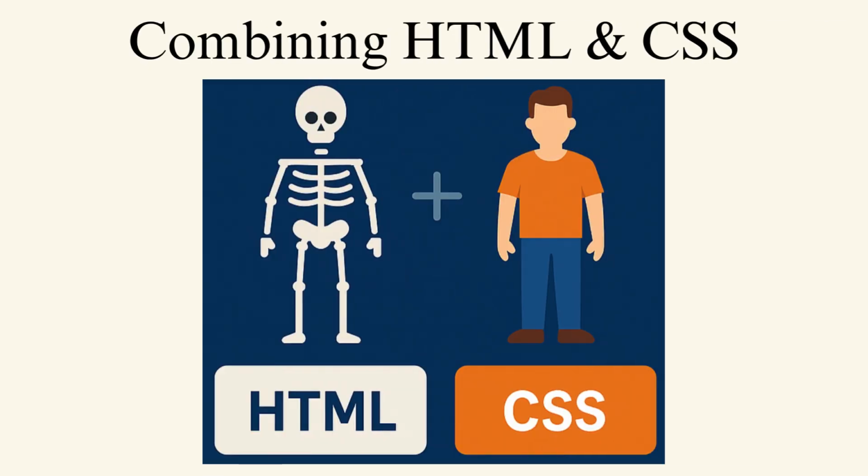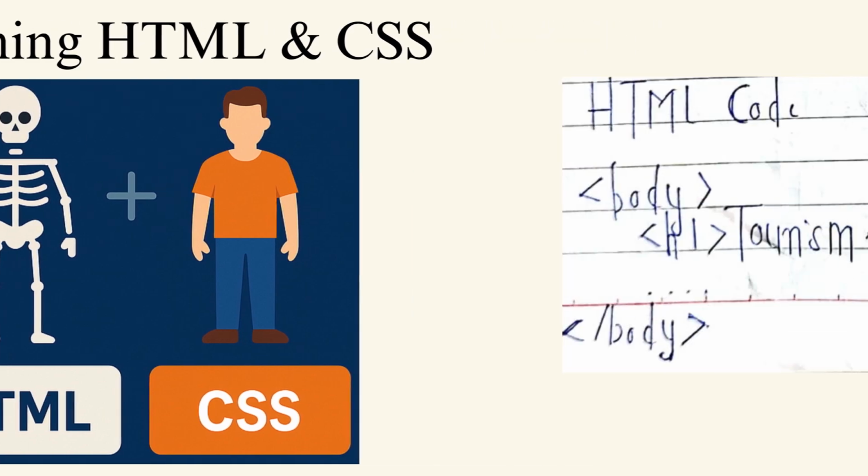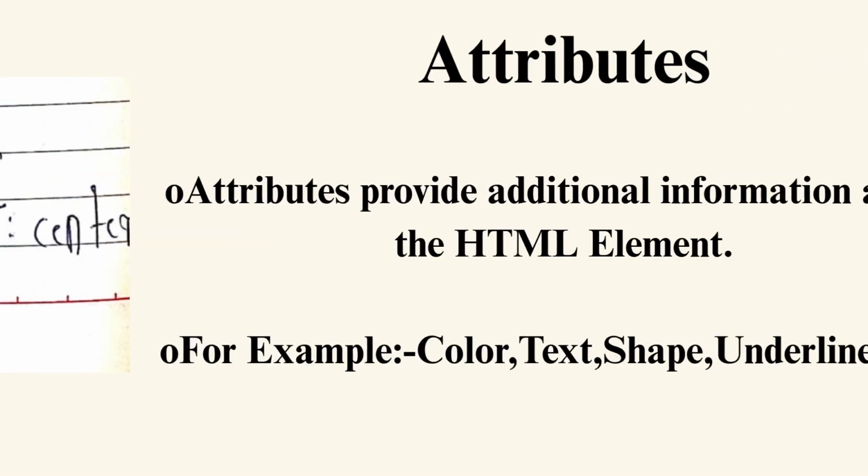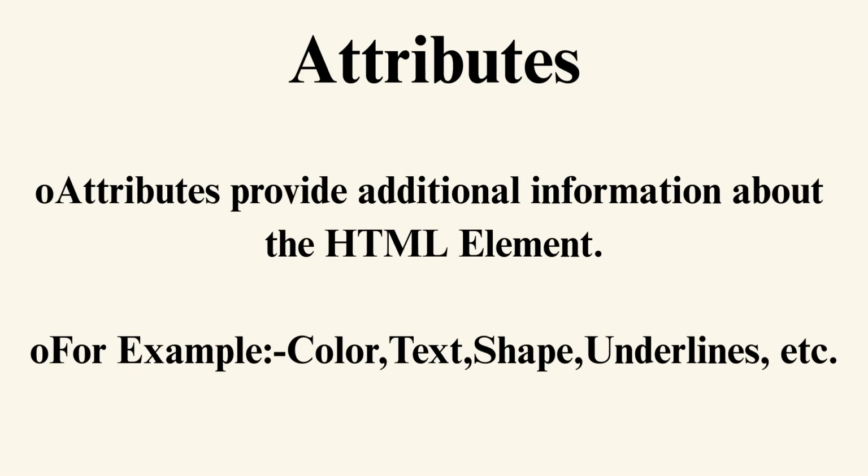With the help of attributes, we can combine HTML and CSS. Attributes provide additional information about the HTML element. For example, color, text, shape, underlines, etc.